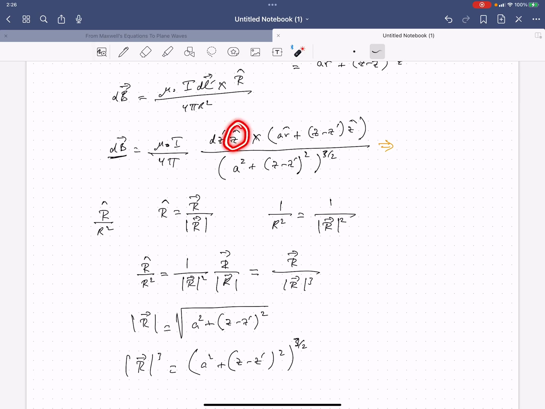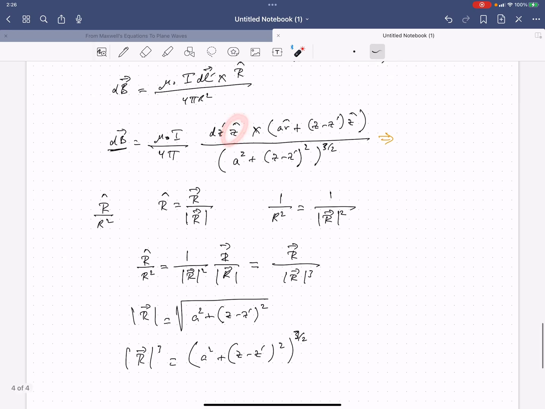One is Z cross with R, and one is Z cross with Z. Z hat crossed with Z hat is easy because that's just equal to 0. The cross product gives you an idea of how close two things are to 90 degrees from each other, and if they're parallel or the same thing, then the cross product is 0.